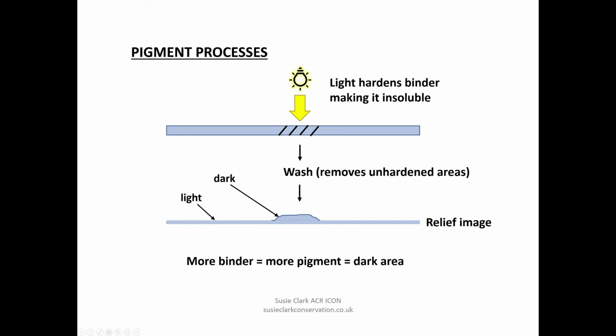And when light hits that, it causes the bichromate to harden the binder. And what happens if you then wash it is that the unhardened areas wash away. So you end up with a relief image. And where you have more binder, you have more pigment, and so that becomes a dark area. So a relief image, or at least more gloss in the darker areas, is a way of identifying them.